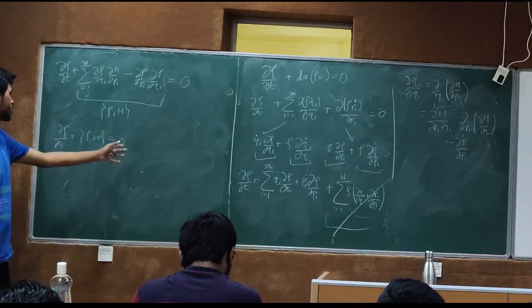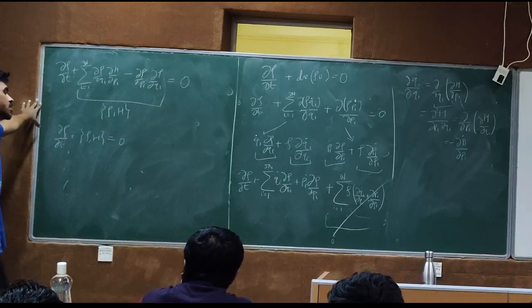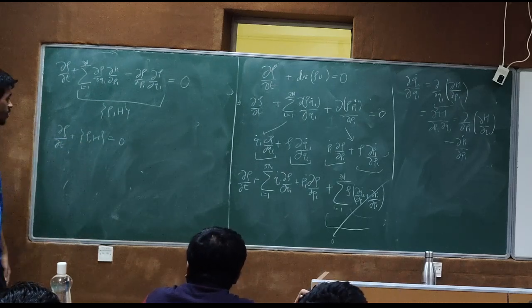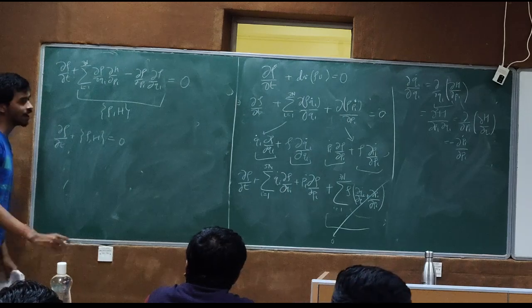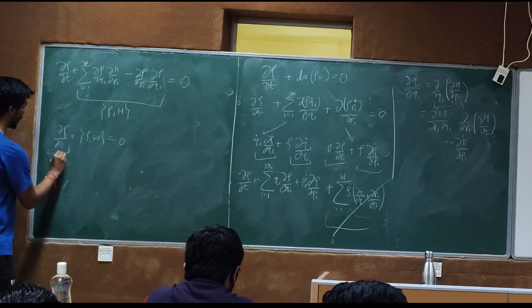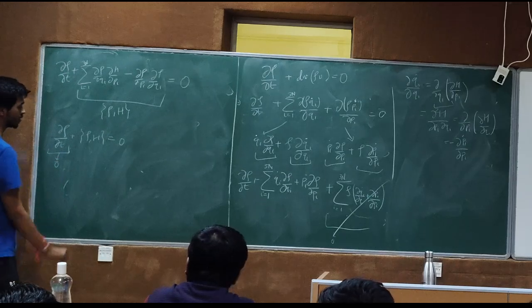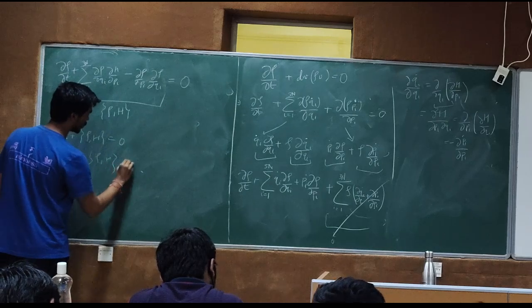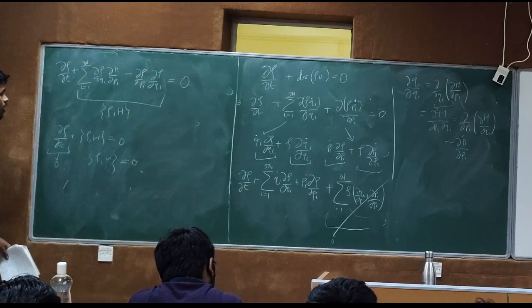So any system following the Hamiltonian equations of motion satisfies this equation. And if you want a system to be in equilibrium, then you would want the derivative to be 0. So basically, you would want the Poisson bracket of rho and H to be 0.